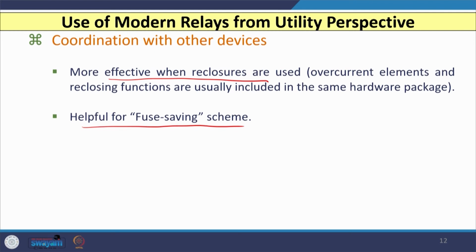In a distribution system, when we are utilizing a fuse for protection against short circuit and want to avoid operation of the fuse, we can use a recloser. When we want to coordinate this recloser with other upstream devices, we can easily carry out the coordination.